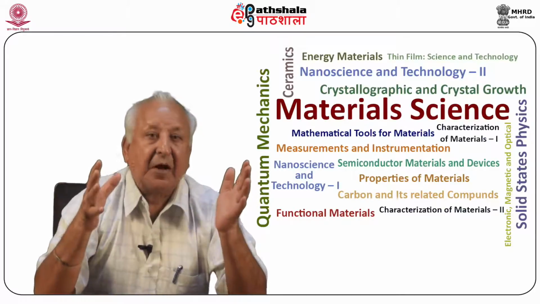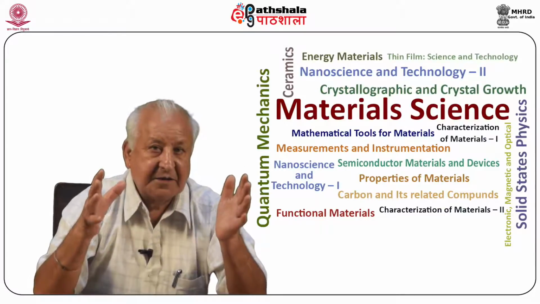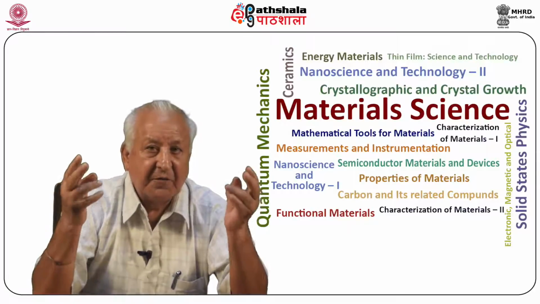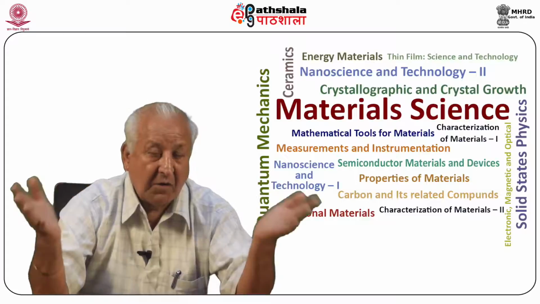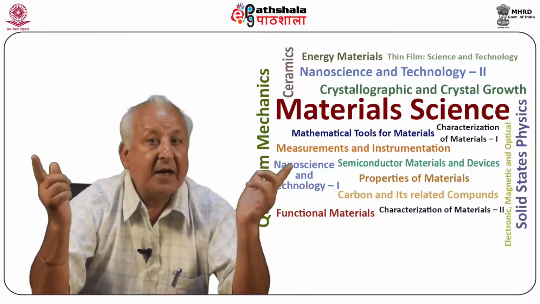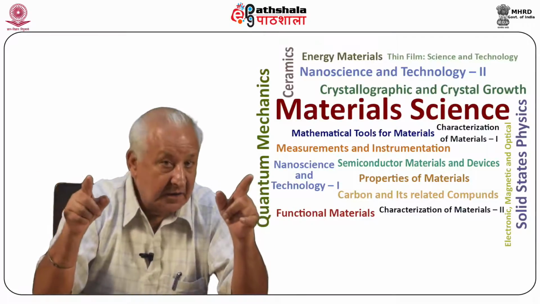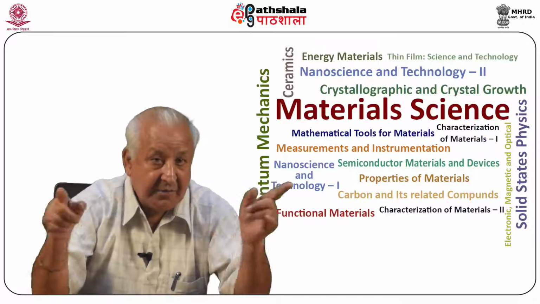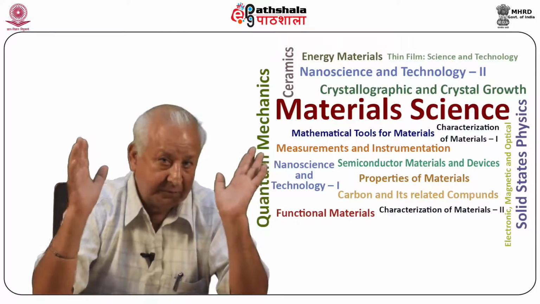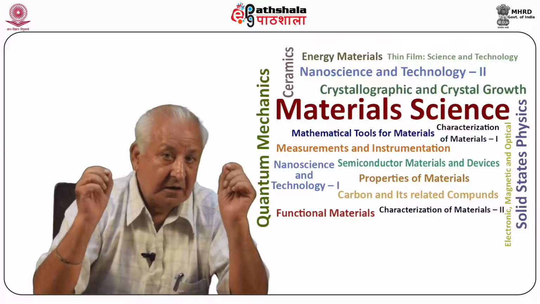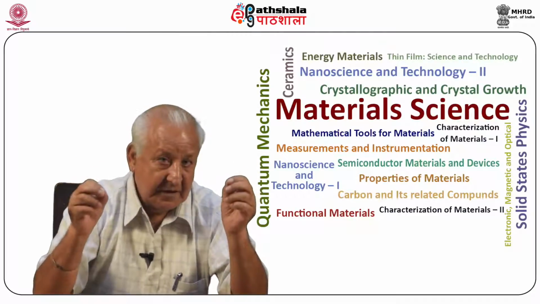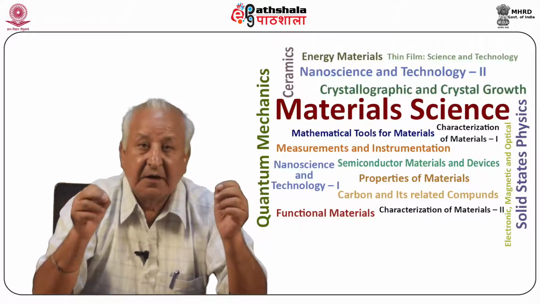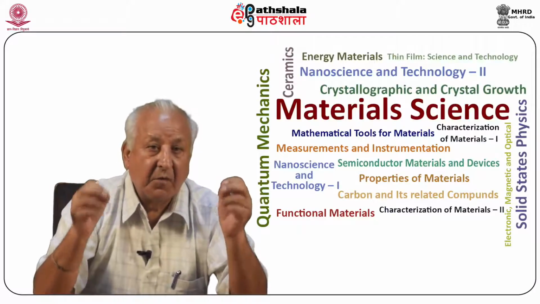A chemical compound may crystallize in two different forms. It is then said to be dimorphous, and if in three, it is called trimorphous, and so on. In general, it is said to be polymorphous, and the phenomenon is called polymorphism.